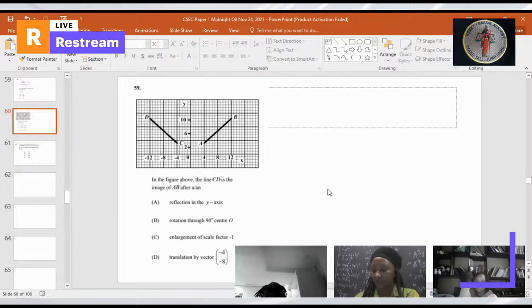Generally speaking, it could be a rotation about the origin, 90 degrees, right? But if we had to choose, then we would go with the reflection in the y-axis.